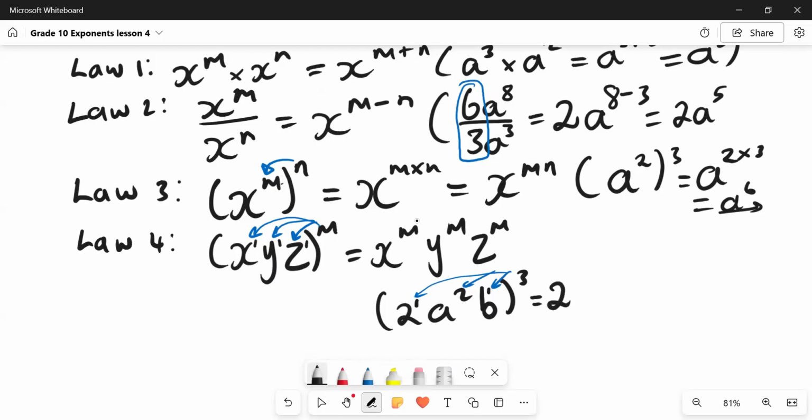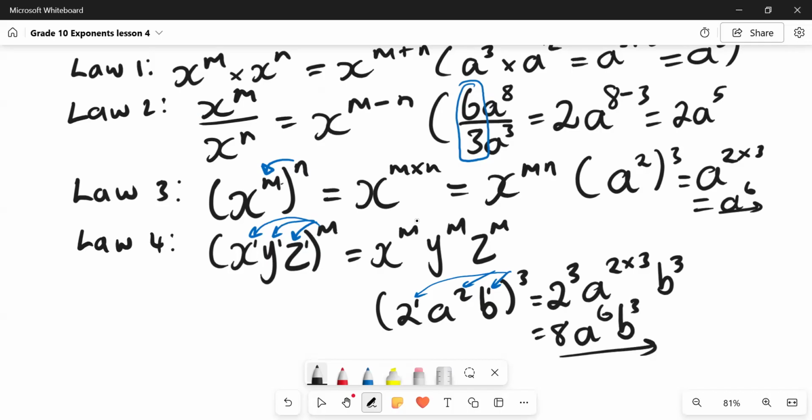This will be 2 to the power 3, a to the power 2 times 3, and then b to the power 3. This will give us 8 times a to the power 6 times b cubed. And then you got your final answer there.